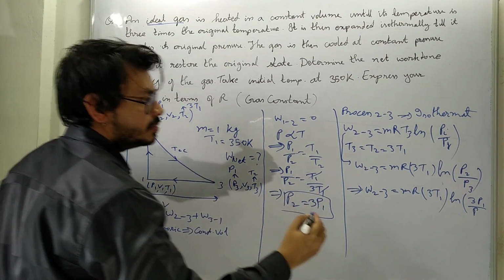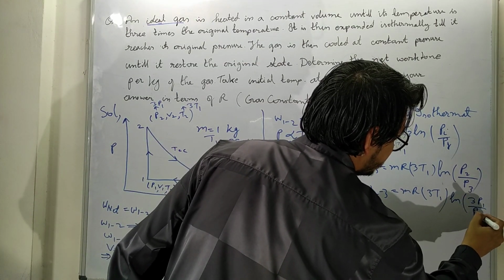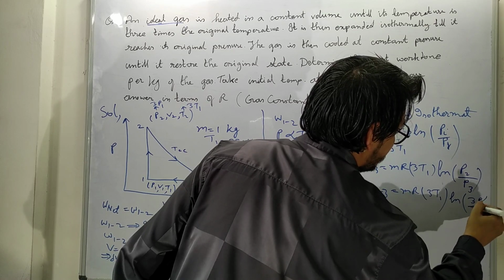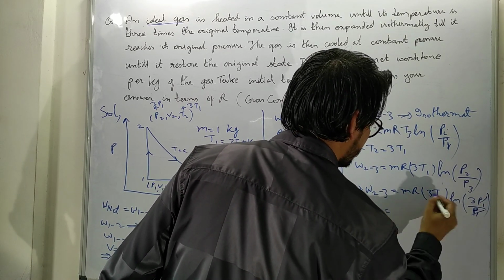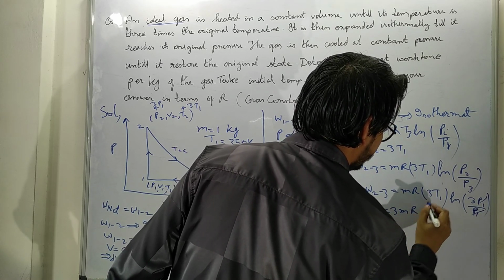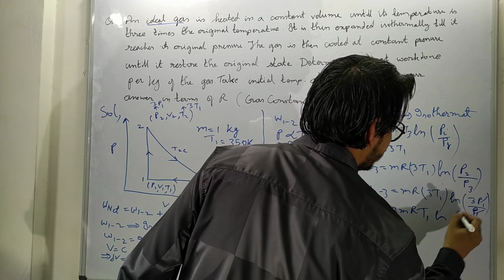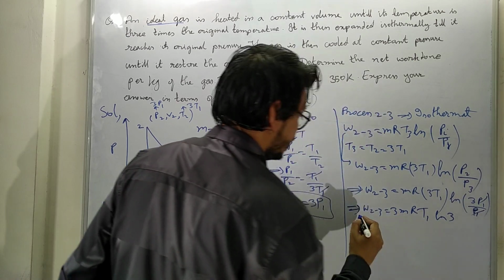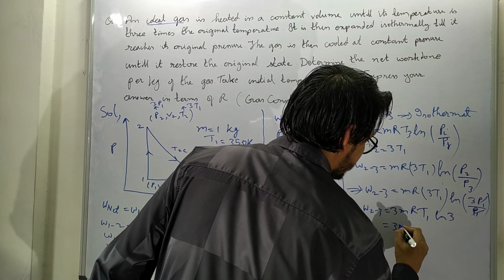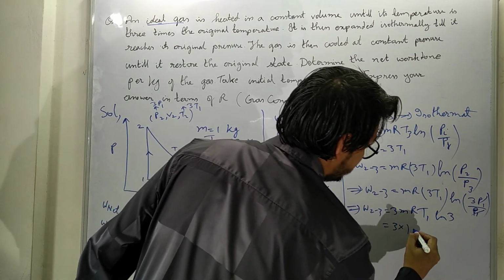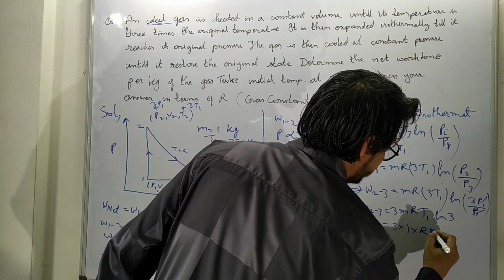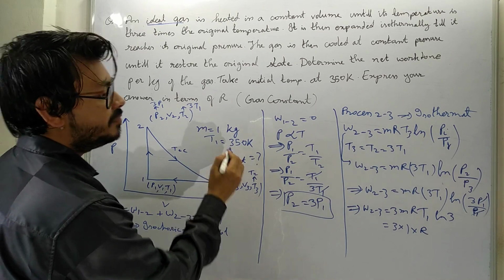We can put here P3 as P1. This P1 cancels out. So we have W23 is equal to 3mR T1 ln 3. We have to calculate the value per kg, so m equals 1 into R. T1 is given as 350 Kelvin.